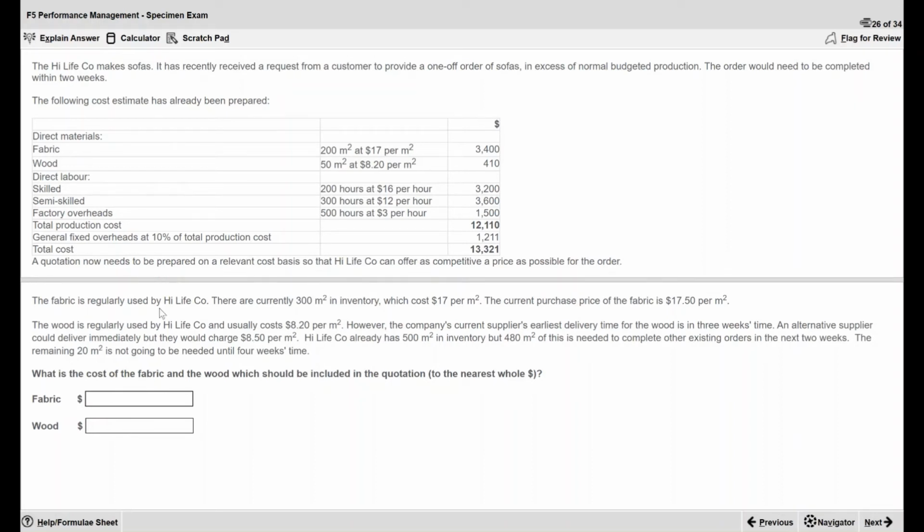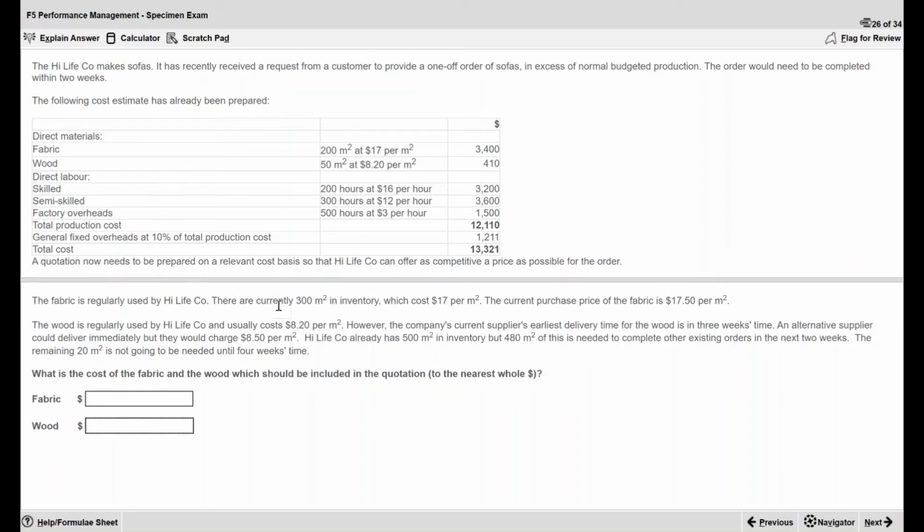Okay, fabric and wood separately. Fabric is used regularly by High Life Co. Remember, when we use something regularly, the replacement cost is the relevant cost. So this is basically a relevant costing question. So because they said in the beginning that it is something that we regularly use, then replacement cost would be our relevant cost.